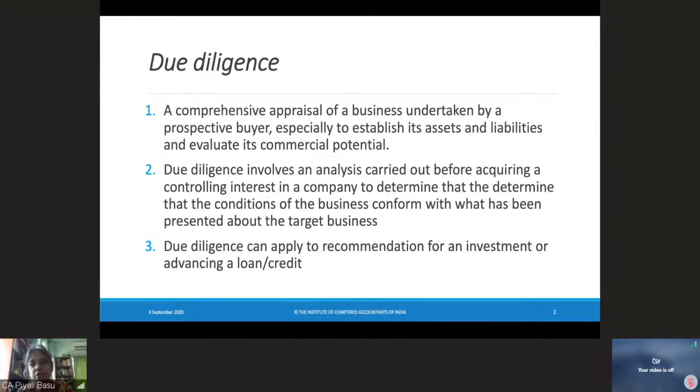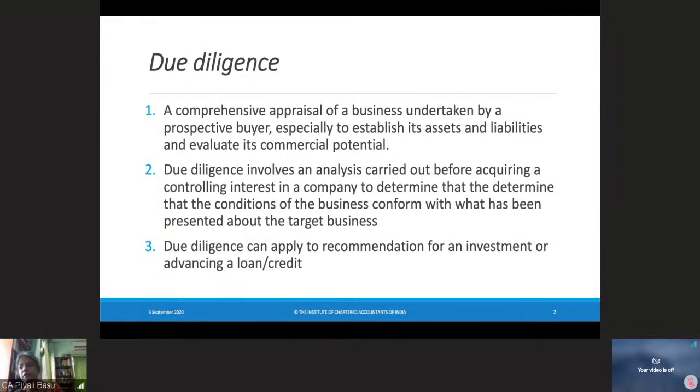I'm sure you are aware, to some extent if not to a great extent, that if an acquisition is taking place, somebody wants to purchase a unit or an organization or a company, or some loan of a big value is to be given by a bank, a due diligence takes place. It is used to investigate and evaluate a business opportunity. I'll be using the term investigation in due diligence also.